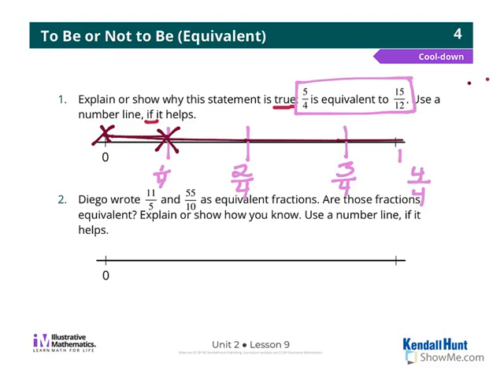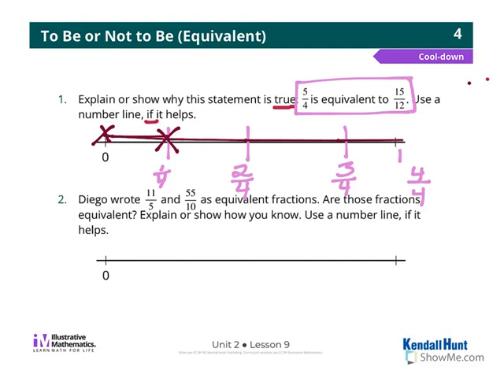Okay, let's look at 15/12. I'm going to get some blue colors. 12ths. So now I'm going to split that same number line into 12 equal parts because that is my denominator. So it's already split into fourths. Oh!